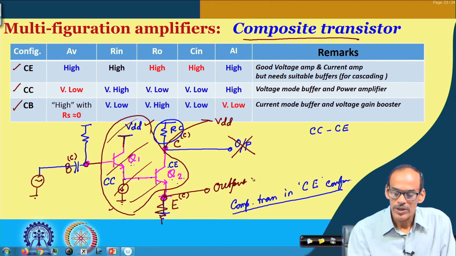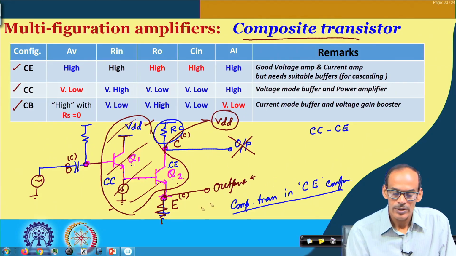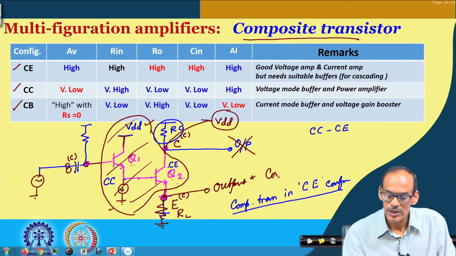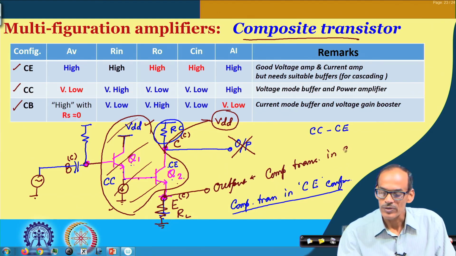So, by this connection we obtain the composite transistor in CC configuration.